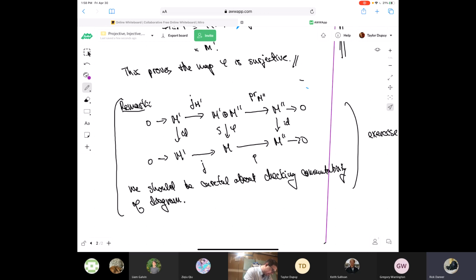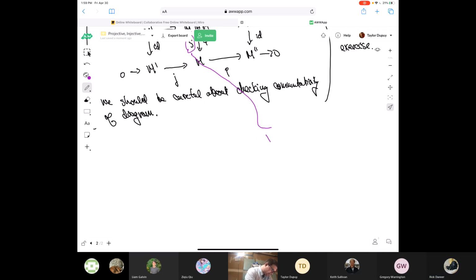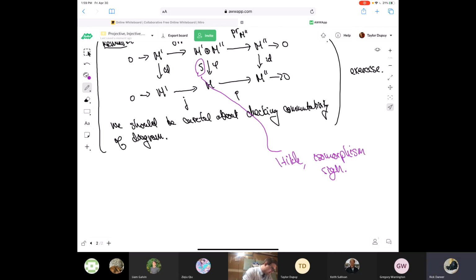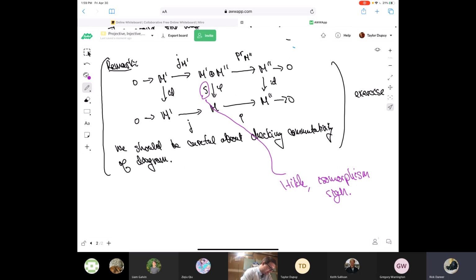This is a tilde. Right. Because what we just proved is that they're isomorphic. Yes, we just proved that this is an isomorphism.